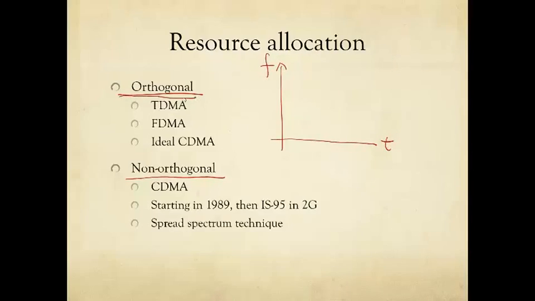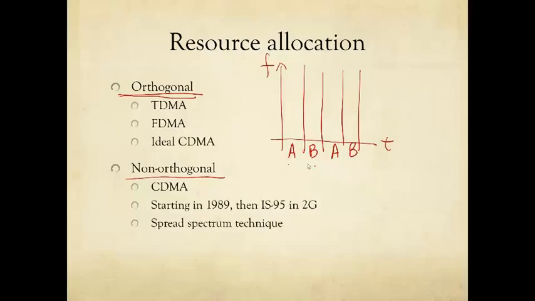In orthogonal resource allocation, I'm going to chop up one of these axes, say time, and give different users different slots. For example, Alice talks, now Bob talks, now Alice talks, now Bob talks. So no two people will actually talk at the same time.